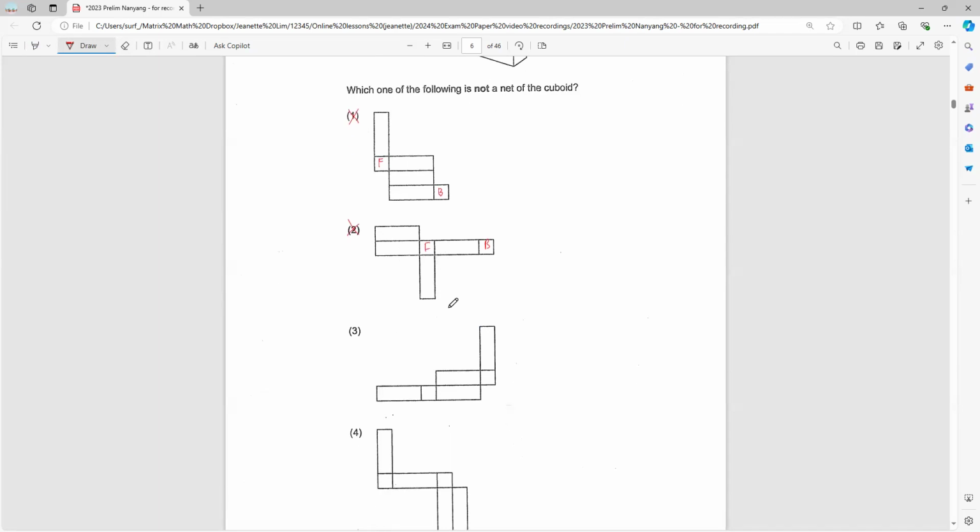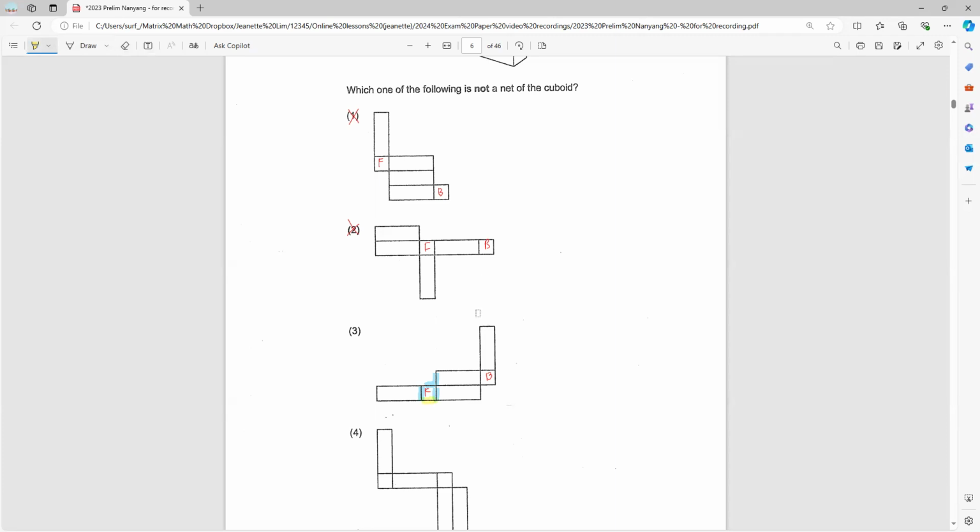How about 3? If this is the front, this is the back. Now notice this will touch the side, this will actually touch this side, and then this is here. So what's missing is this portion here.